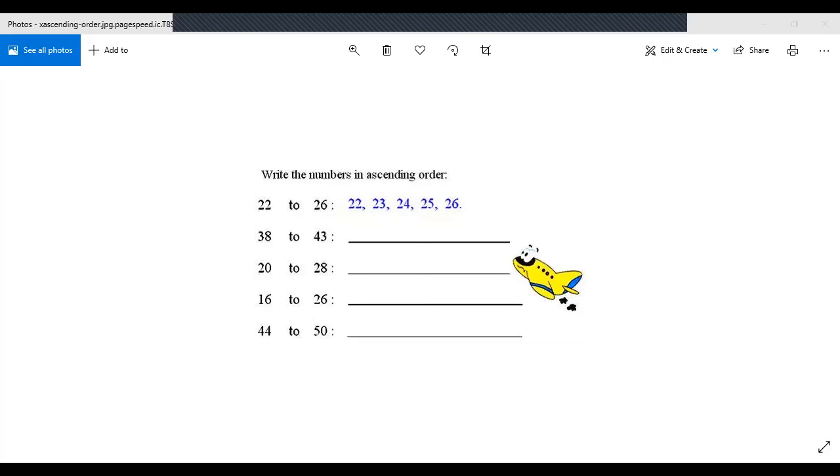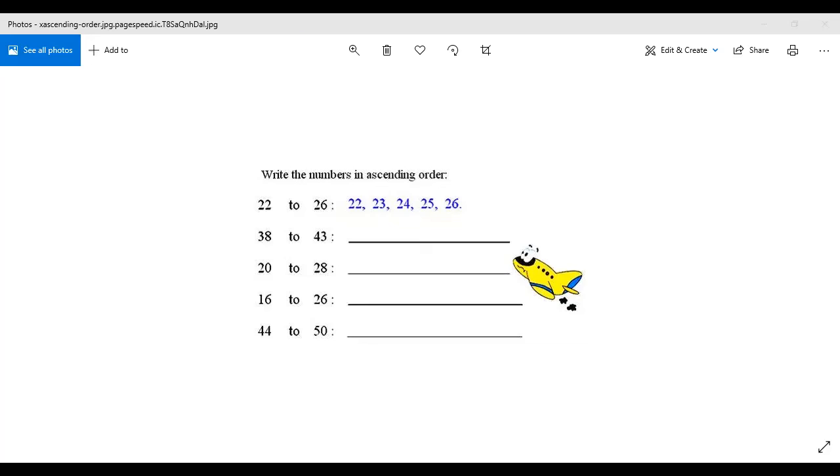Write the numbers in ascending order. The first one is already solved for you. Who is going to tell me the answer of the second one? Yes, 38 to 43. What does ascending mean? Going up. Then 38, 39, 40, 41, 42, and then 43.